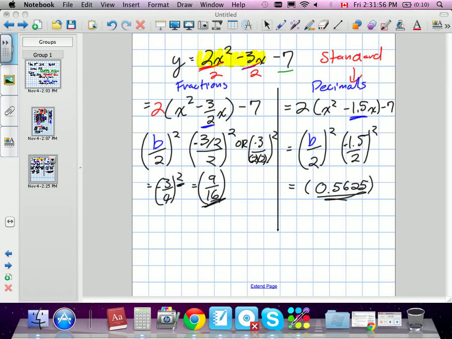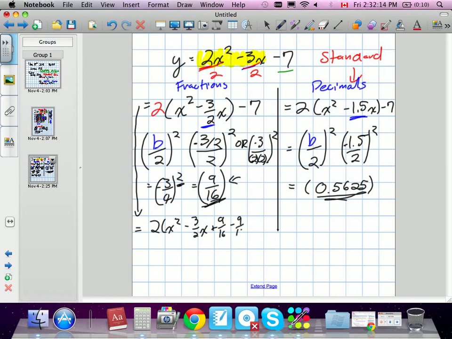Okay, so after finding out our new term we're going to add and subtract, we take our equation from before, 2 times x squared minus 3 over 2x, and I'm going to add our 9 over 16, and I'm going to subtract 9 over 16 inside the brackets, minus 7. I'm going to do the same thing here, just with decimals.